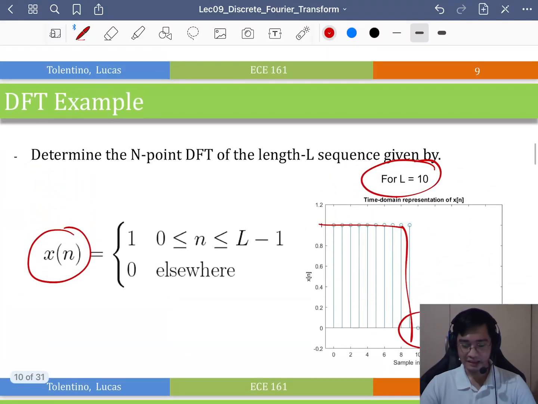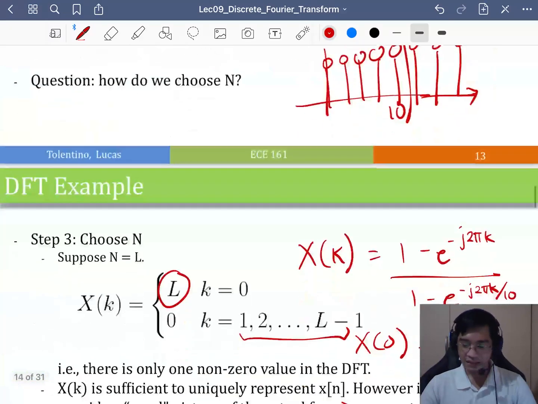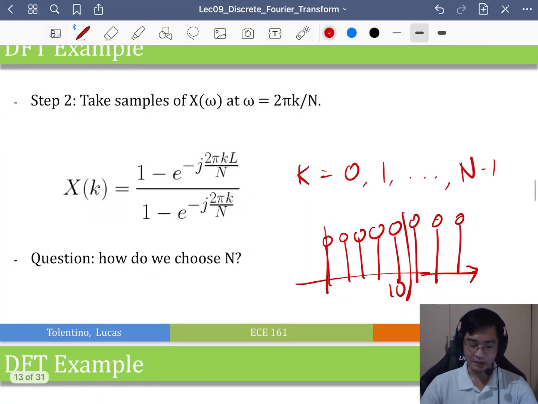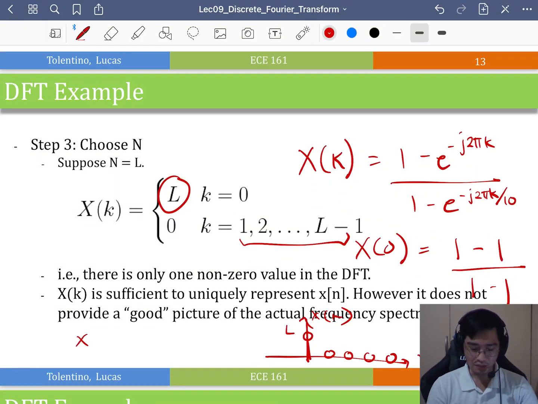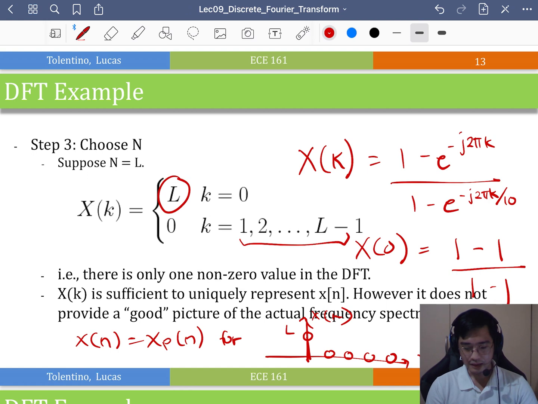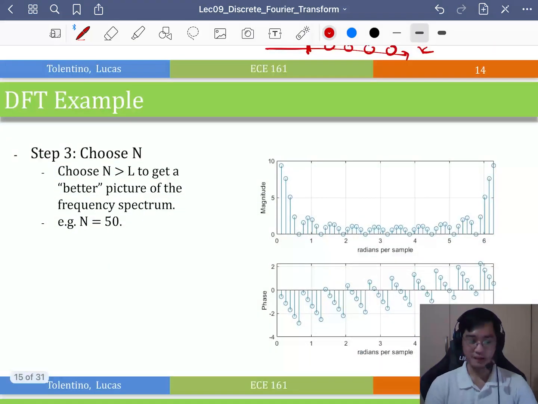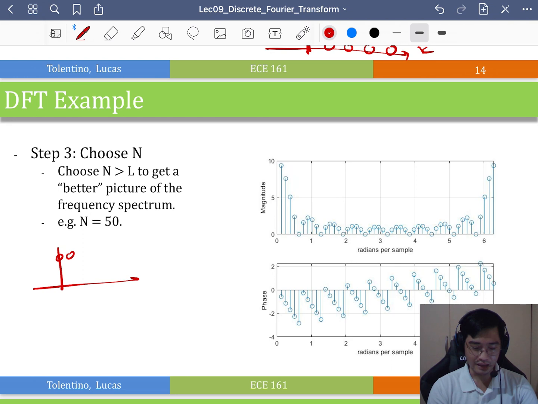Is that right? This is still correct in the sense that x of n is equal to x sub p of n for 0 to n minus 1, right? We are not losing information, but if we want to know that it's actually a sinc function, we should choose n greater than L. So for example, if we choose n is equal to 50, it will generate this x sub p, right?